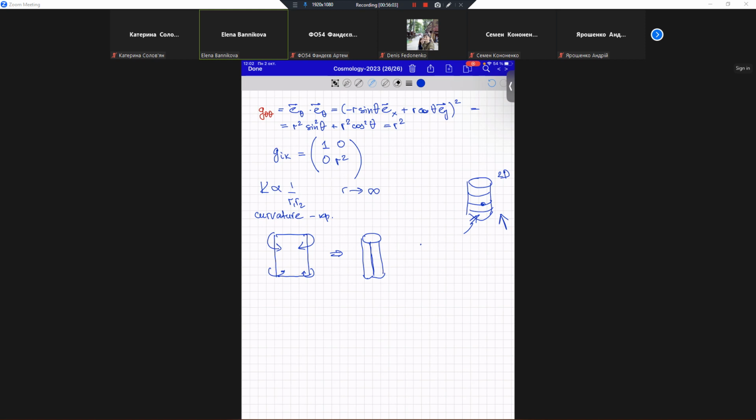Of course, we need to cut it and open it. If we consider that there is some line here, and we can't move from this part to this part, then in this case it's completely bad.